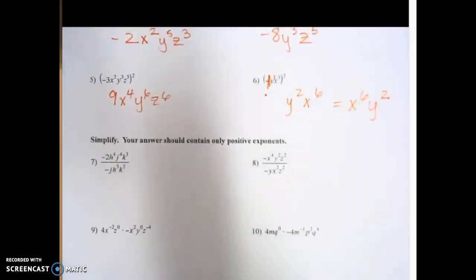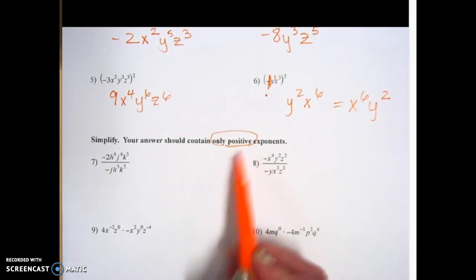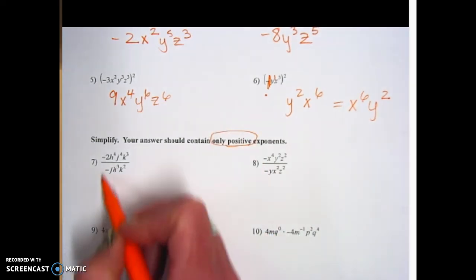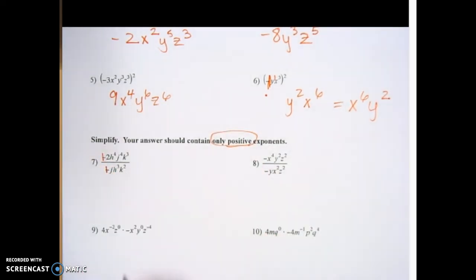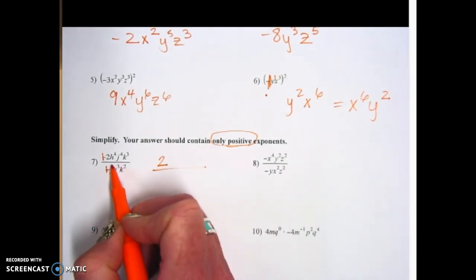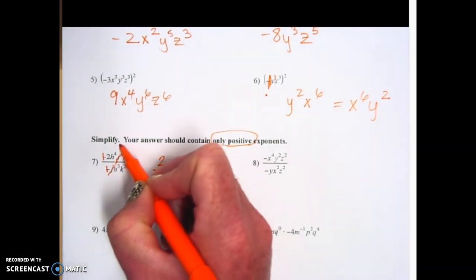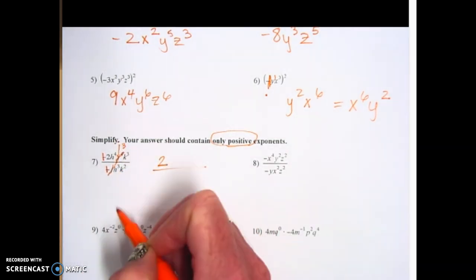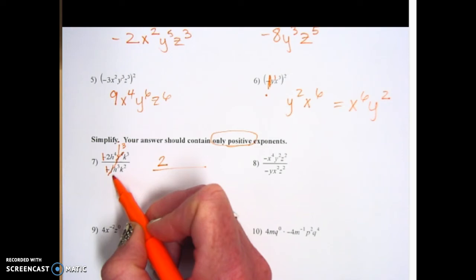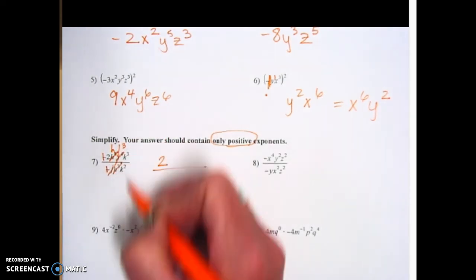All right. Some more simplifying, and you want to make sure you have only positive exponents. I've got a negative and a negative, so I'm going to change them both to positive. In the numerator, I've got a 2. I've got a j to the first and a j to the fourth, so that one completely cancels. That one becomes j to the third. H to the fourth and h to the third, that one completely cancels, and that one becomes just h.